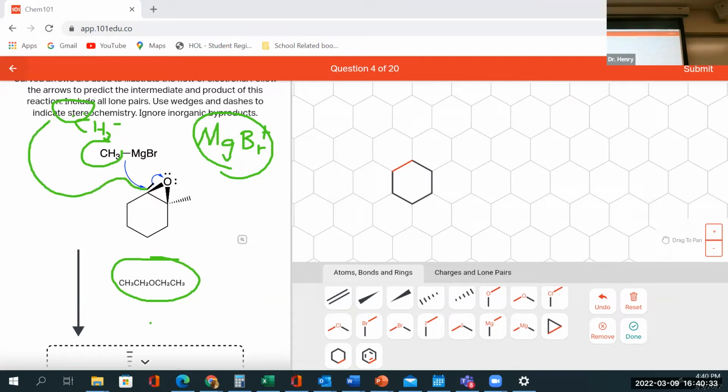It uses those extra electrons to get that guy started. This guy is just going to be a byproduct. It's not going to react with this guy down here. Ether is just going to be carrying the methyl group.